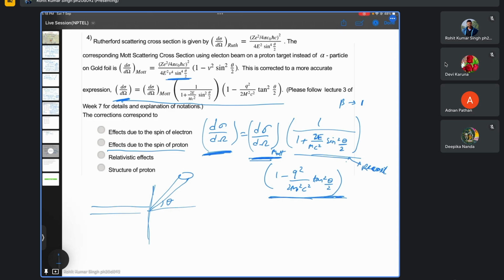Not really. When we were studying the shell model, you saw that the overall spin of the nucleus is governed by the spin of the unpaired proton or neutron.